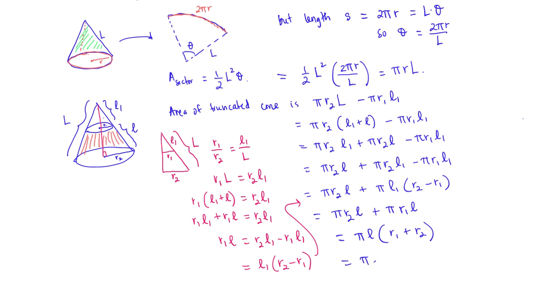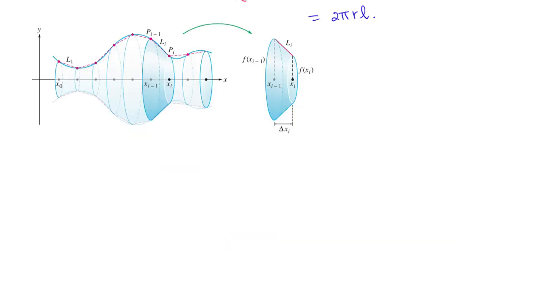If we take the average of r1 and r2, then the area of the truncated cone is now 2 pi R l, where R is the average of the two radii. This is the area of the truncated cone, not including the top or the bottom.